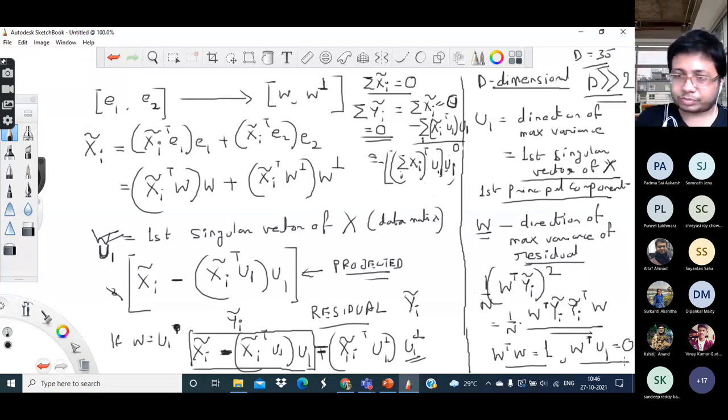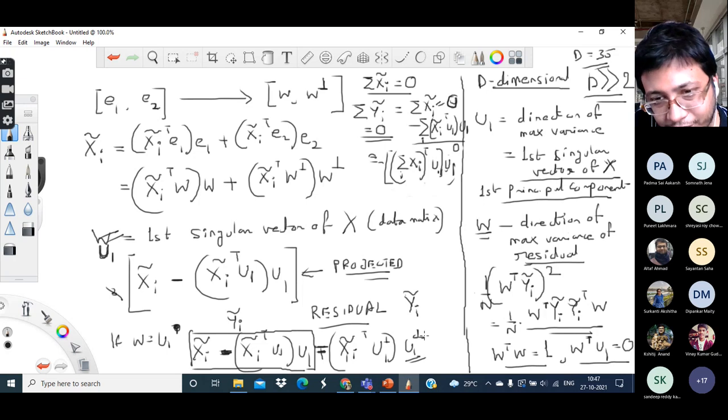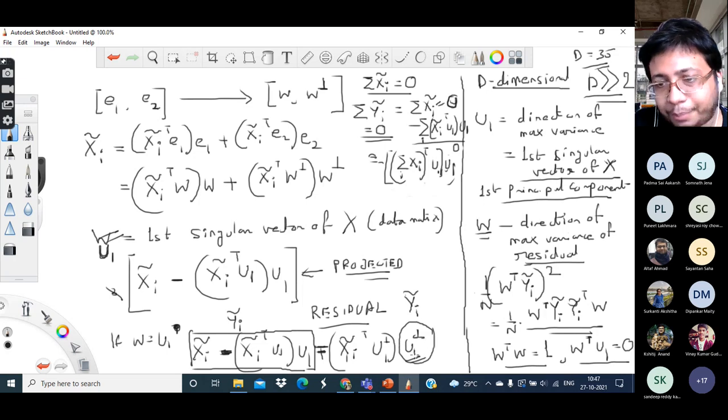So why is this the case? Why does it have to be perpendicular to u1? Because we have already projected the data along u1, and this is the expression for the residual. The basis for the residual is u1 perp.